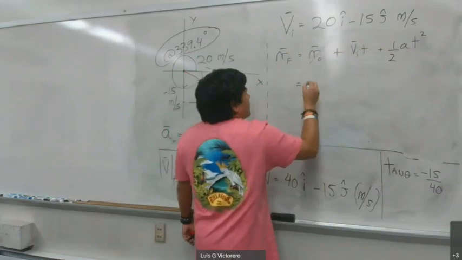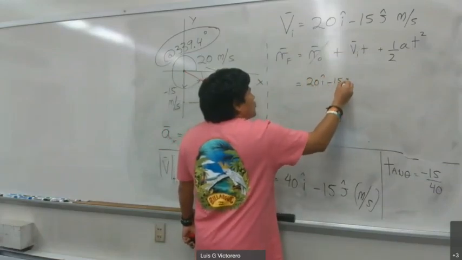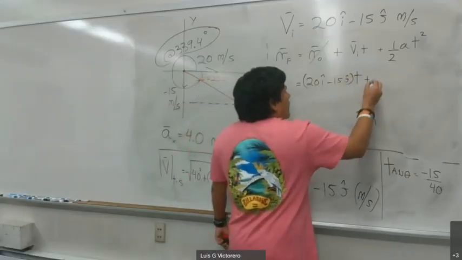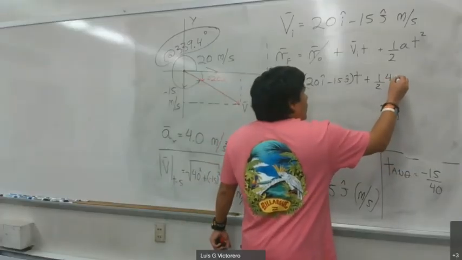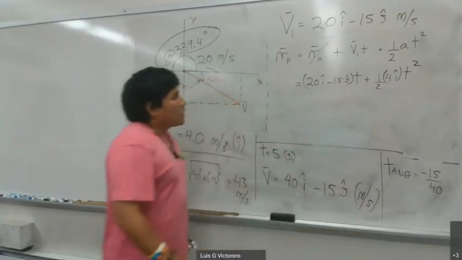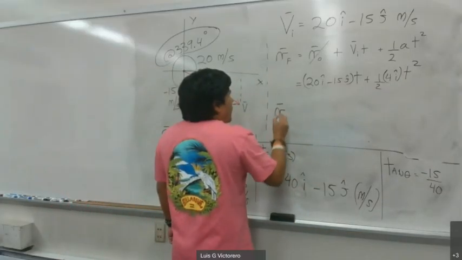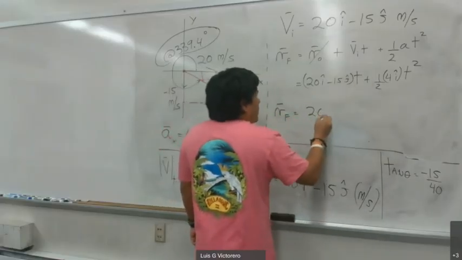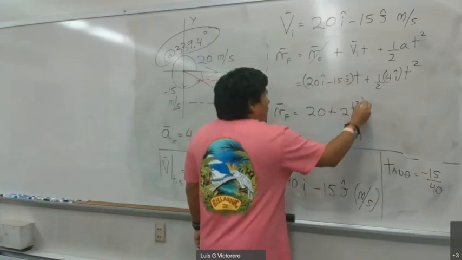The initial velocity is that, so 20i minus 15j times time plus 1/2 of the acceleration for i, t squared. Again, i's with i's, j's with j's, so R final is 20t plus 2t squared i.